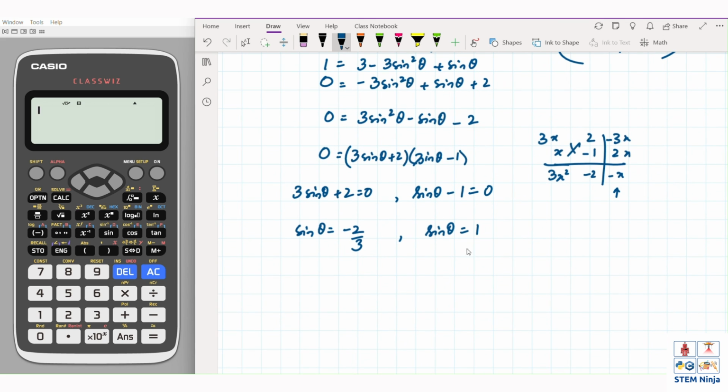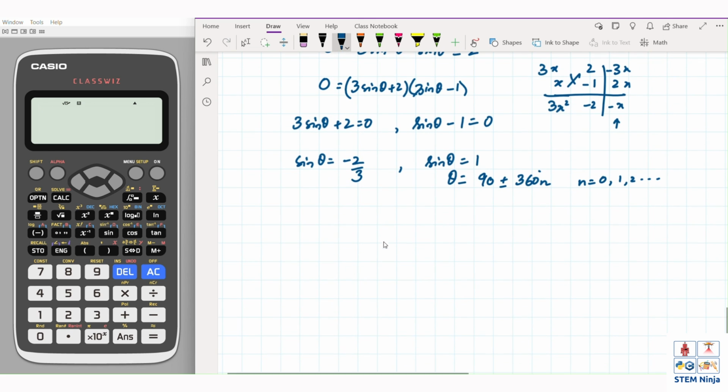Now, when sine theta is equal to 1, theta is either 90, then 90 plus 360, and so on. So this will yield us 90 plus 360 degrees n, where n is 0, 1, 2, 3, and so on. Minus 2 over 3, this is what we have to see.